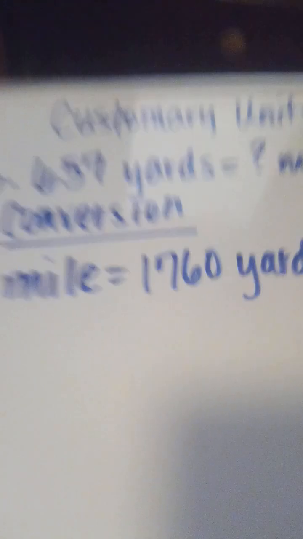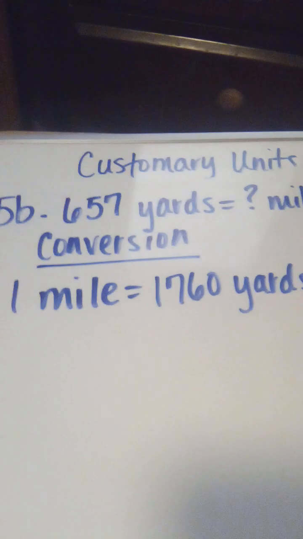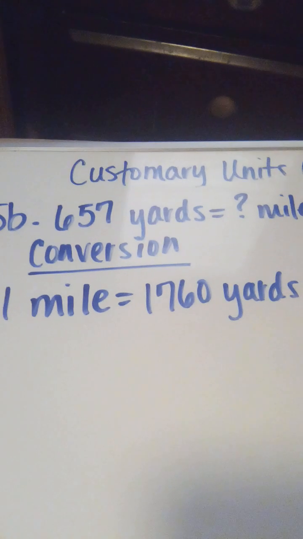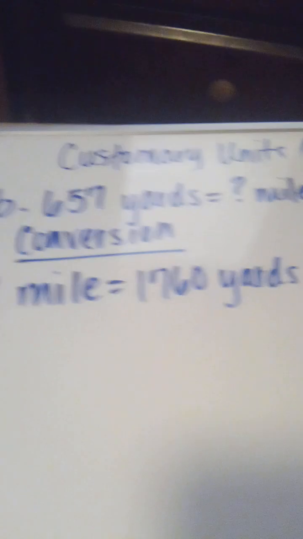Okay. So far, you're okay on this part. Wonderful. All right, let's move on to the conversion part. I always mess that up. Forgive me. Okay, we got 657 yards.